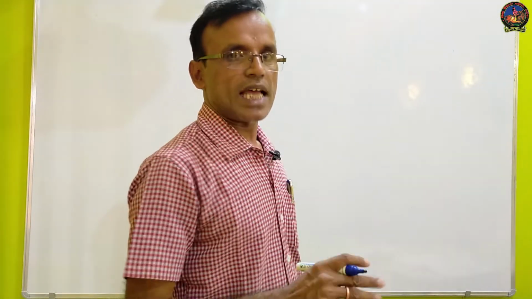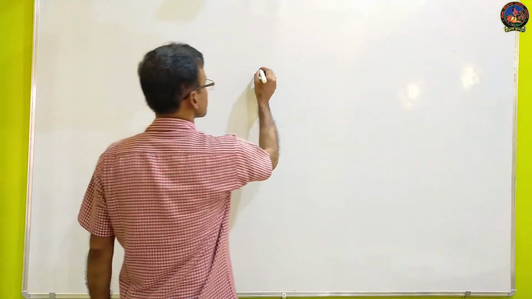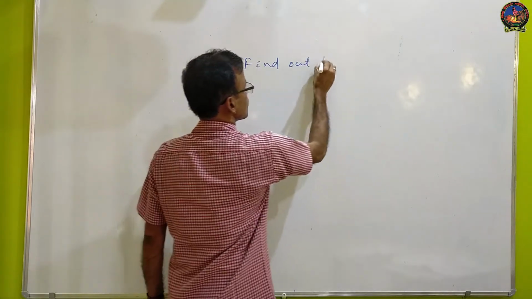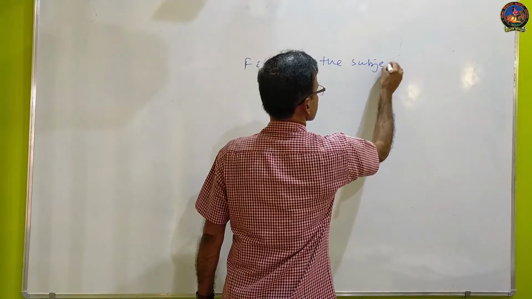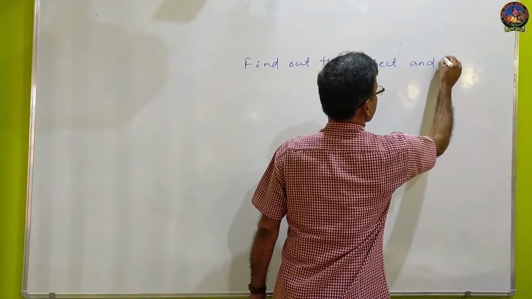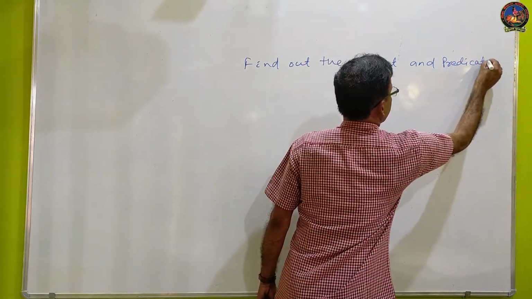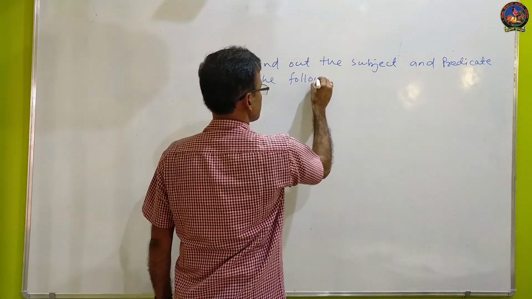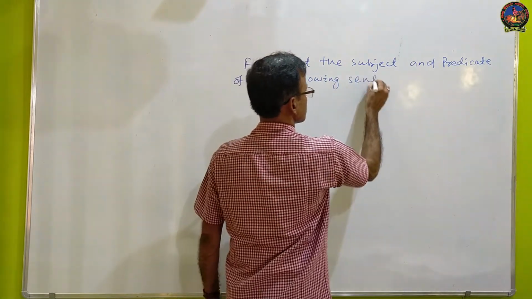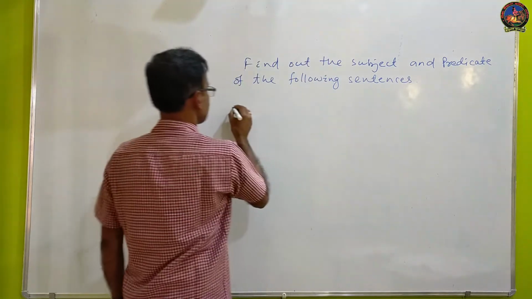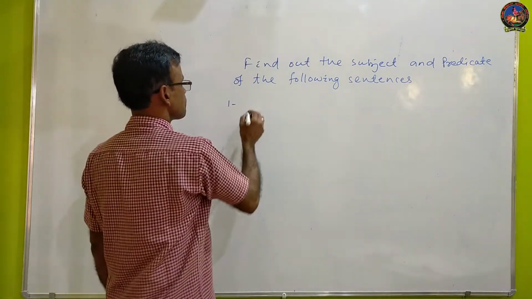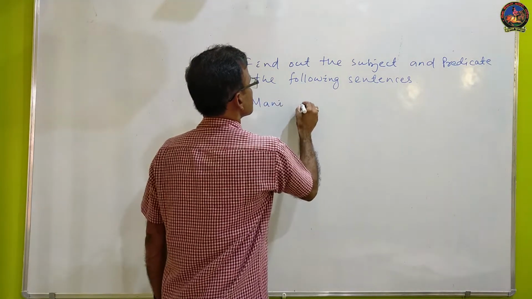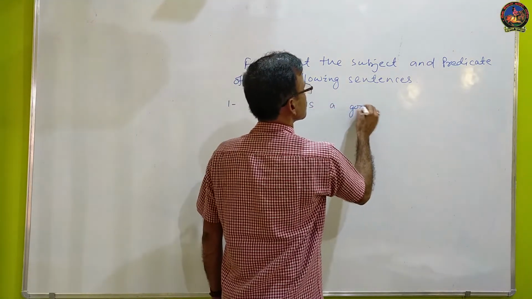Here is some task for you. Find out the subject and predicate of the following sentences. Mani is a good singer.